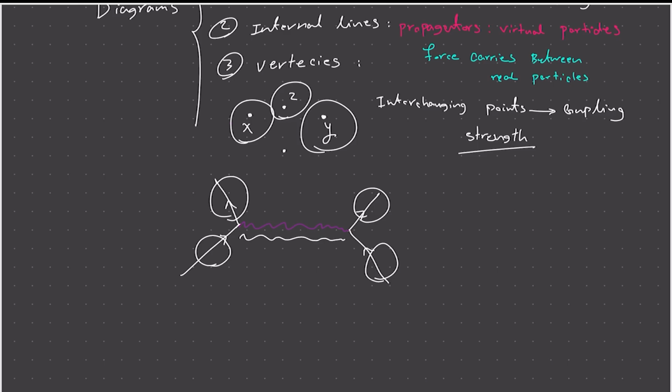A photon is a virtual particle. And then you have these vertices. These vertices are the points where these virtual particles and these real particles intersect. And this represents a coupling. A coupling basically represents the strength of interaction.